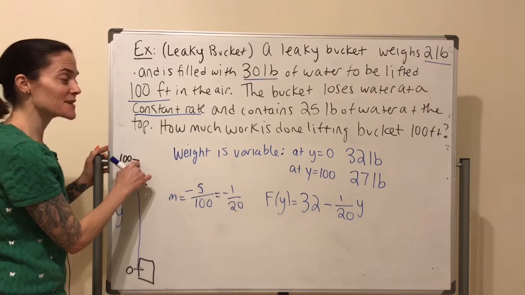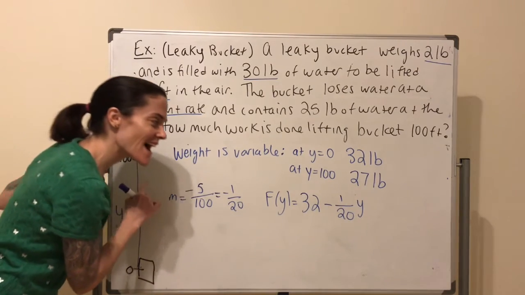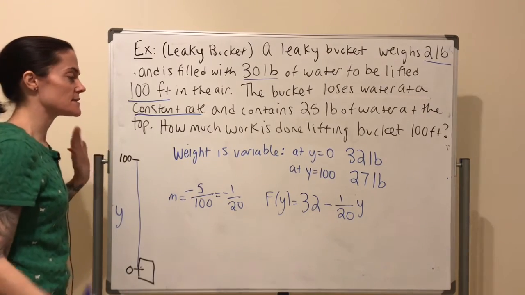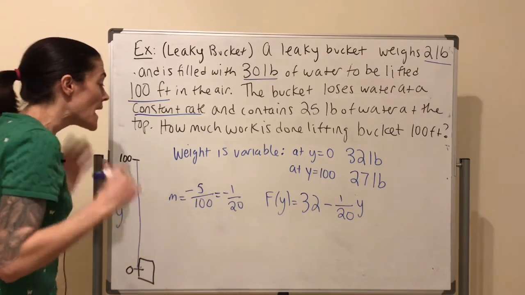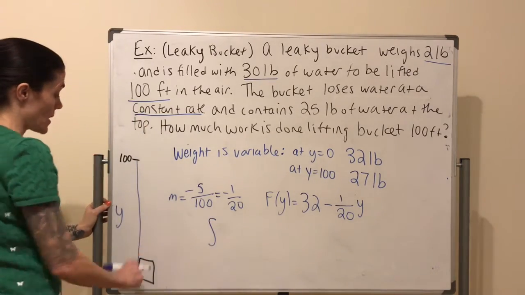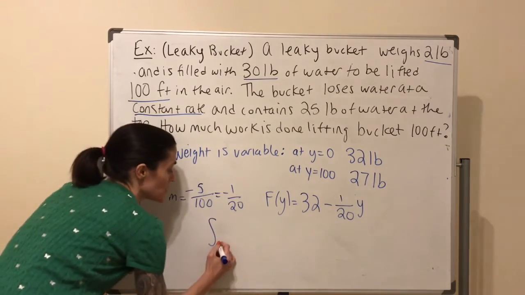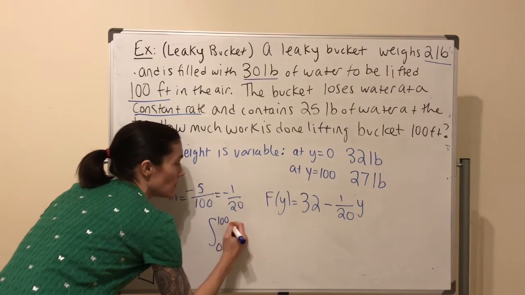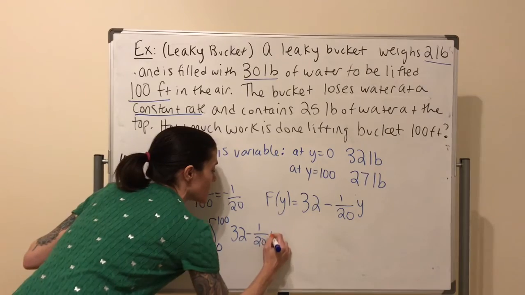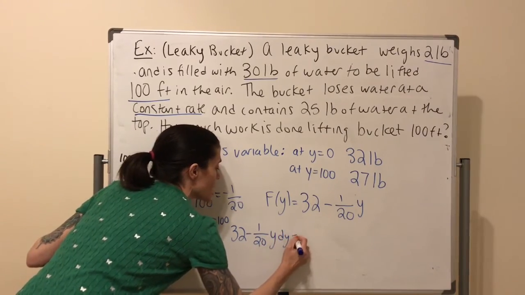When y is 100, that's this height, we have 27 pounds. So this is my force function. And then I just integrate. So I integrate, I need to go all the way to 100. And I have 32 minus 1 over 20y dy.